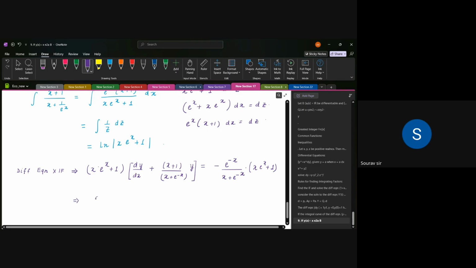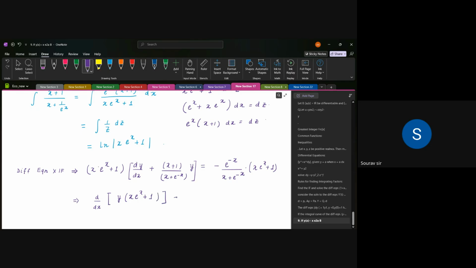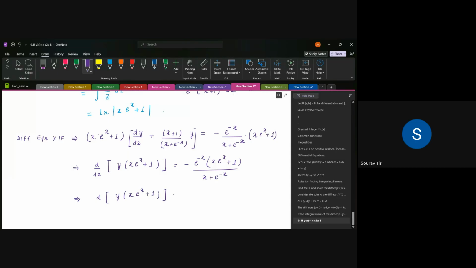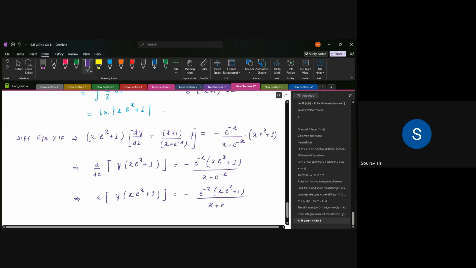So you will write this on the left hand side as d/dx of y times the integrating factor. And the RHS will be minus of e to the power minus x, times (x into e to the power x plus 1), divided by (x plus e to the power minus x). And the next step would be d of (y into (x e^x + 1)) is equal to minus of e to the power minus x, (x e^x + 1) dx, and you integrate it.